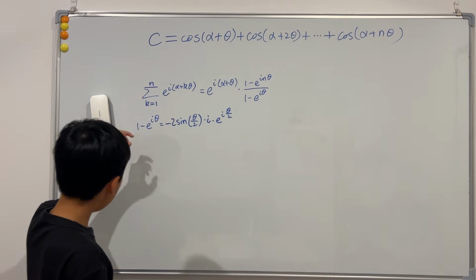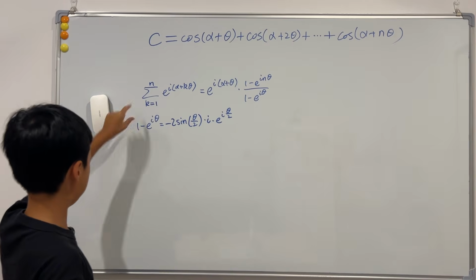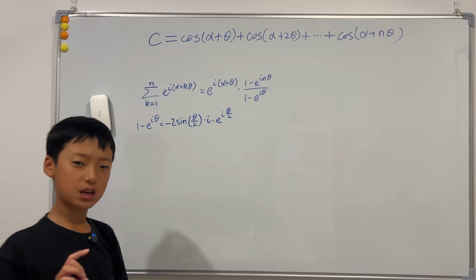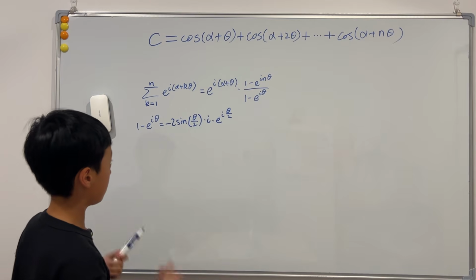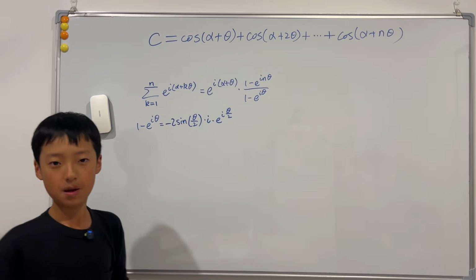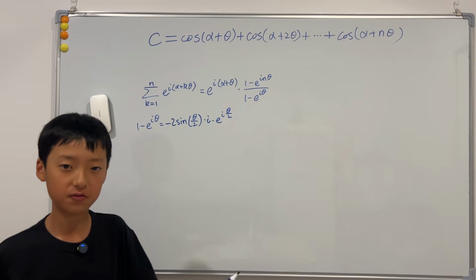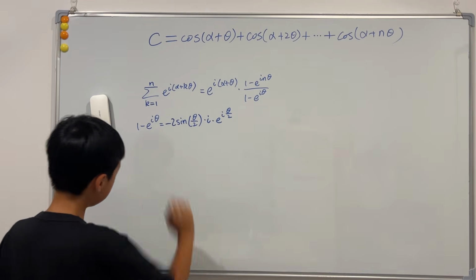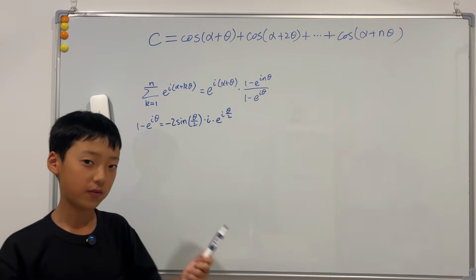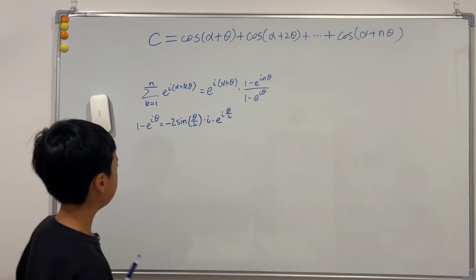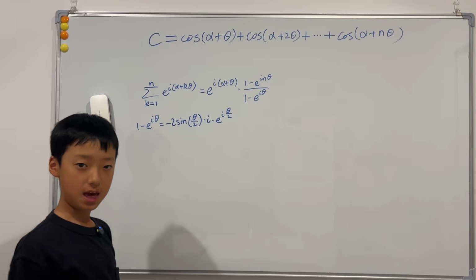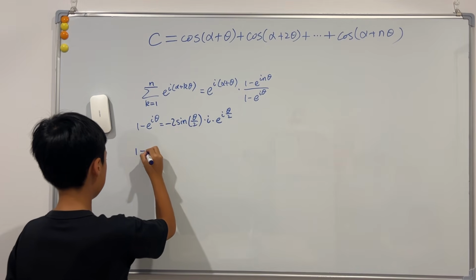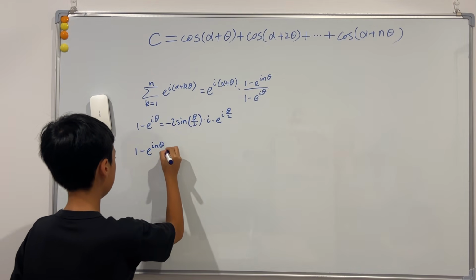Okay, so now we have all the important information, and I'm just going to give you a little reminder that the thing that we're actually trying to compute is not the sum, but the real part of the sum. So we can't see any complex numbers in our actual final answer. Okay, anyways, now we can figure out 1 minus e^(inθ) because we already know this.